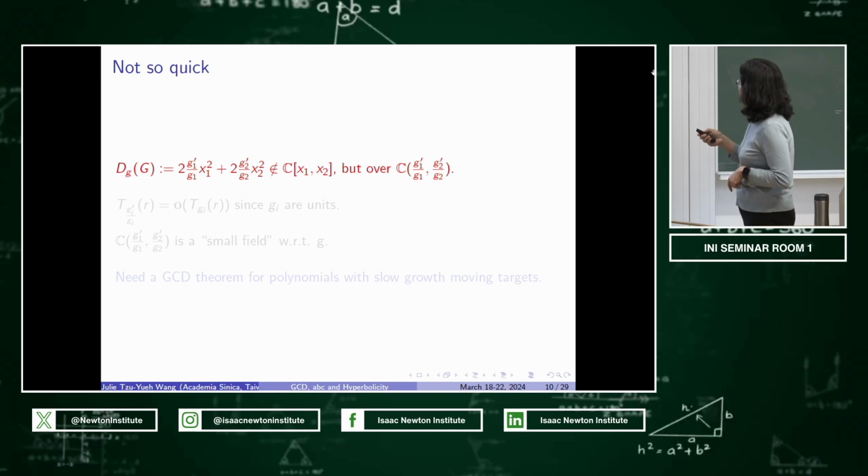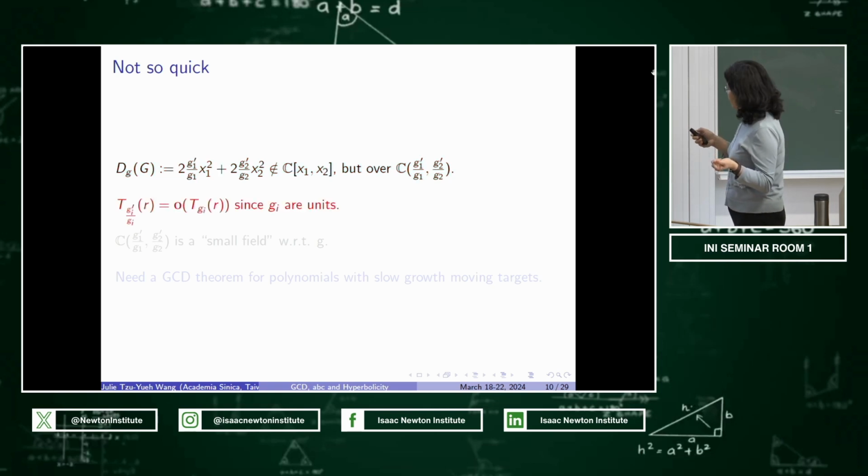But remember, what do we choose here? We choose G1, G2 to be units. And if it's a unit, then we know there is no counting part, because the poles come from the zeros and poles of G1. And the proximity part is always small by the logarithmic lemma.